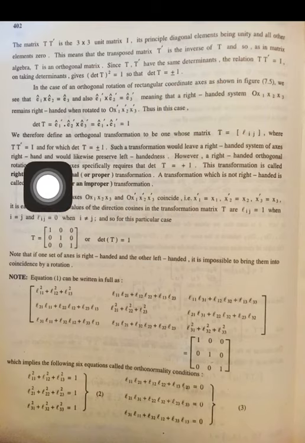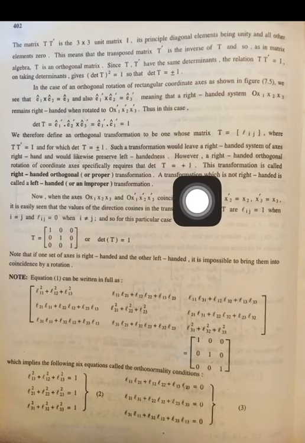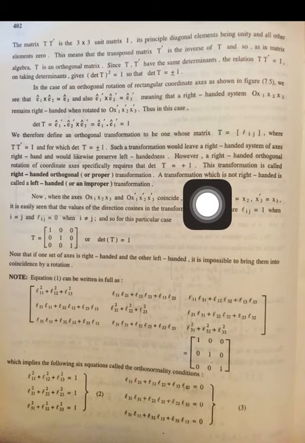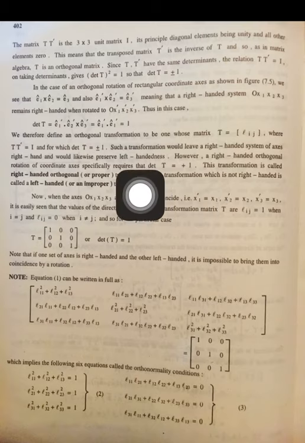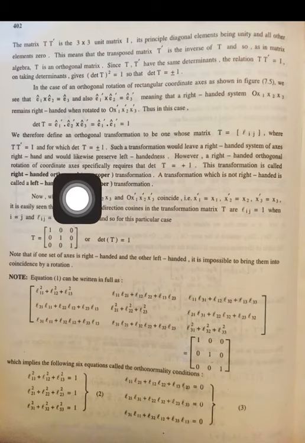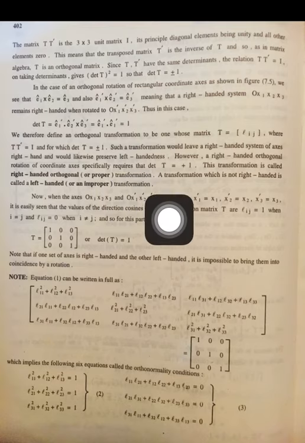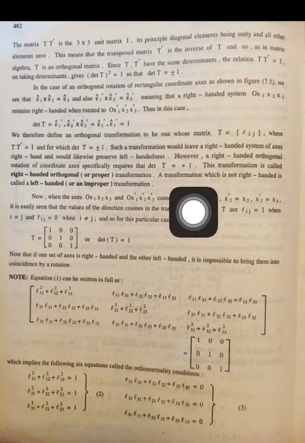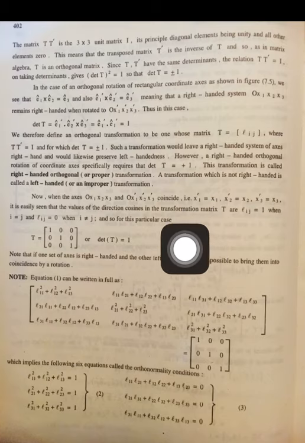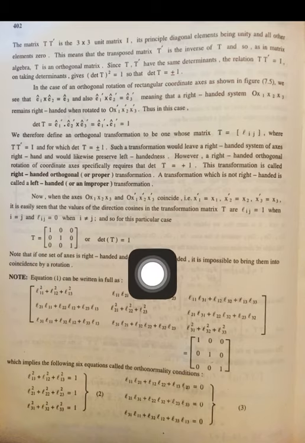If the determinant of T is plus 1, simply positive 1, then this transformation is known as a right-handed orthogonal transformation, and if the determinant of T is minus 1, then this transformation is known as left-handed. So for right-handed, the determinant of T is 1.